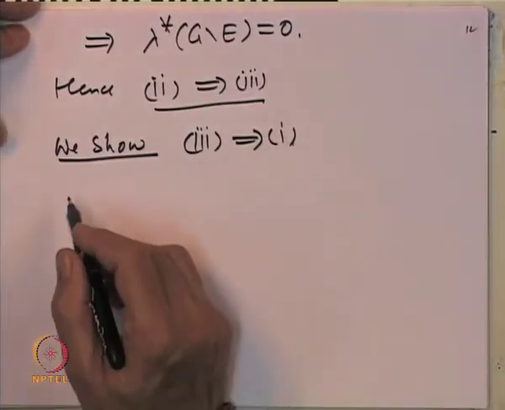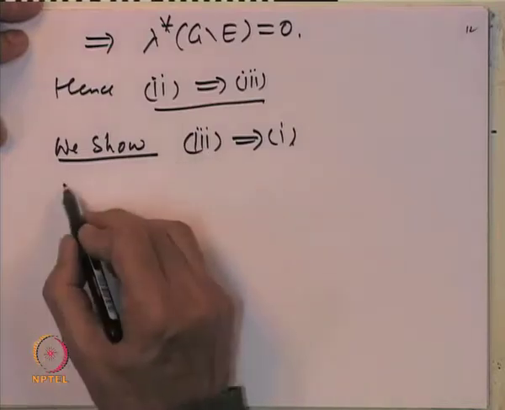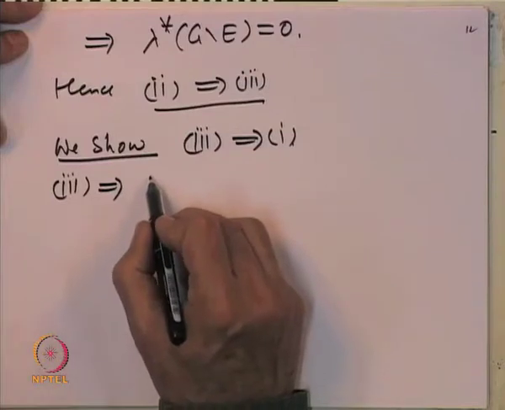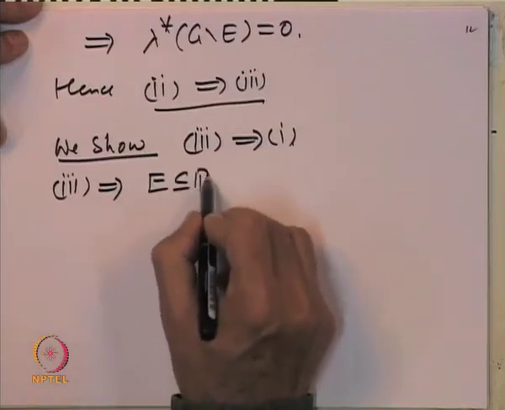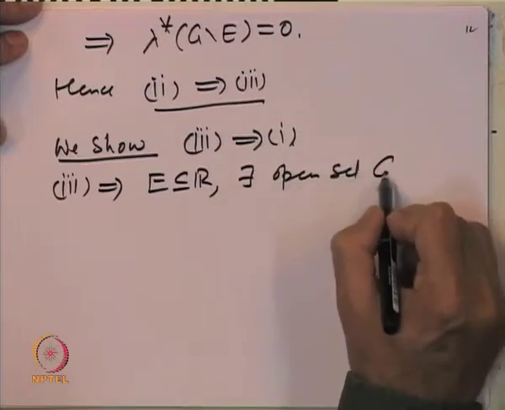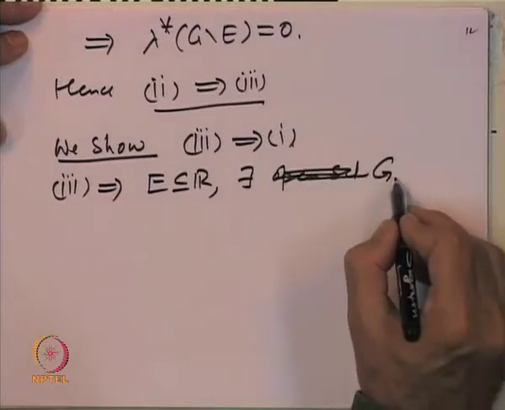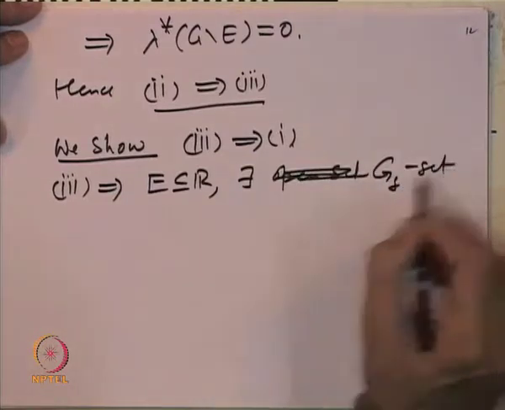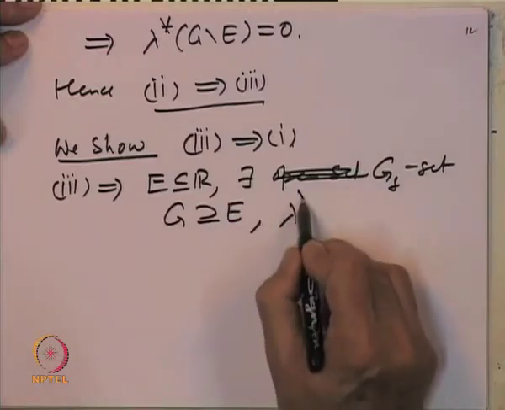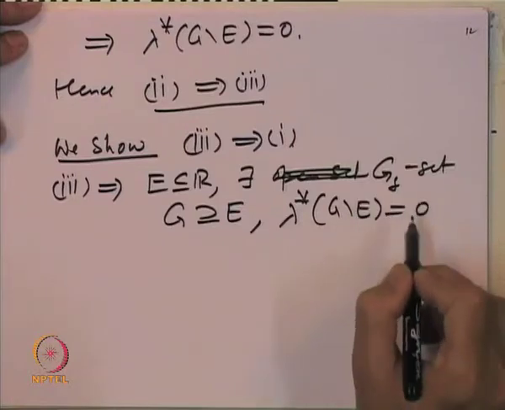So, what is 3? 3 says that for E a subset of R, there exists a G delta set G including E and lambda star of G minus E equals 0.